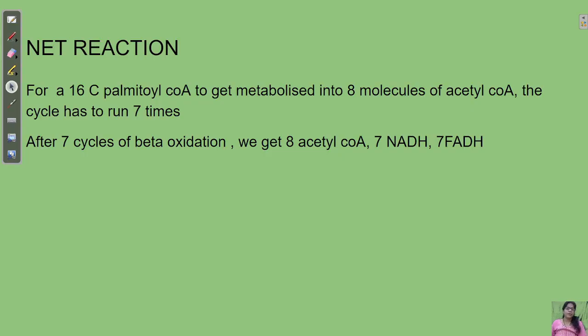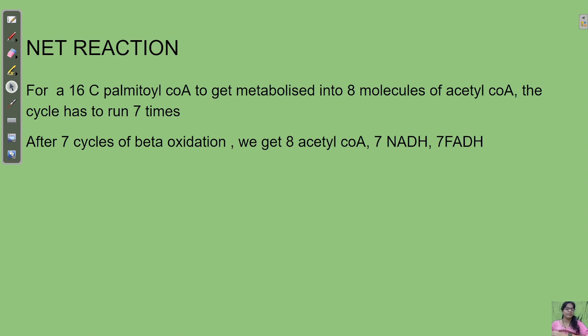So let me talk about the net reaction. For a 16 carbon compound like palmitoyl CoA, for complete metabolism, it has to undergo the cycle 7 times. The 16 carbon palmitoyl CoA, for production of 8 molecules of acetyl CoA, has to run 7 times. So imagine, after 7 cycles of beta oxidation, we get 8 molecules of acetyl CoA.